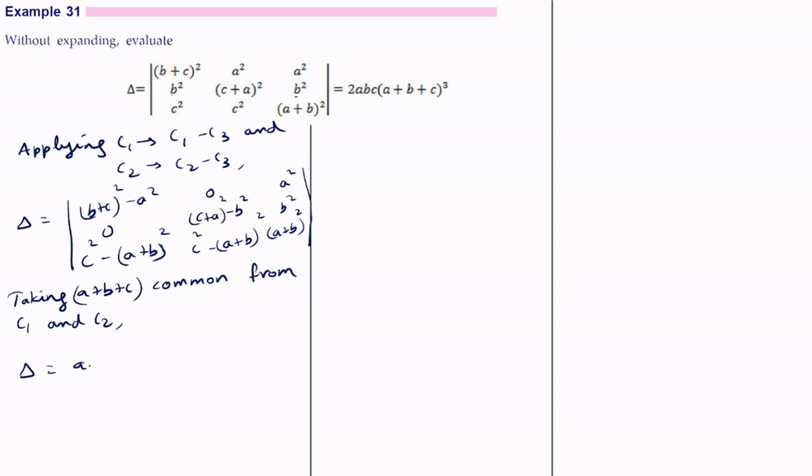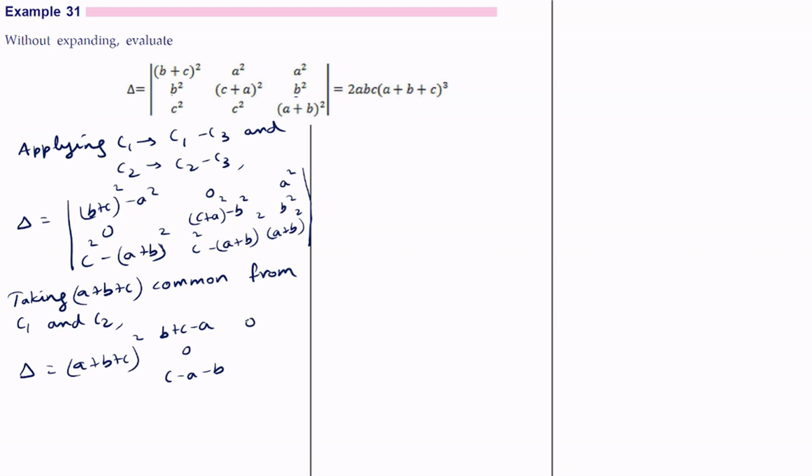So delta becomes a plus b plus c the whole square into, here if we take, this is of the form a square minus b square, so this is b plus c plus a into b plus c minus a. We have taken b plus c plus a here, so we are left with b plus c minus a, then 0. Here it is c minus a minus b into c plus a plus b. We already took c plus a plus b here, so this is c minus a minus b.